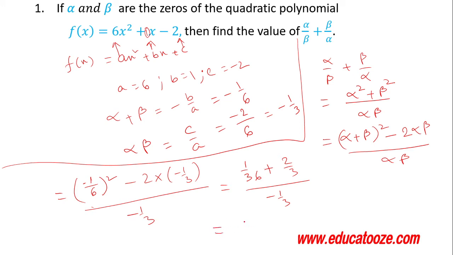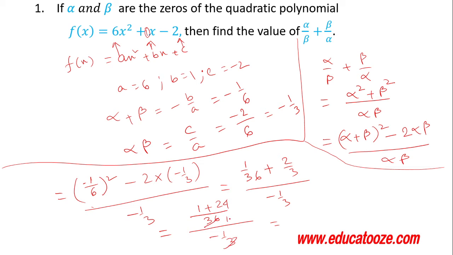Now the numerator LCM is 36. That means 1 plus 24, 12 into 2 is 24, by minus 1 by 3.